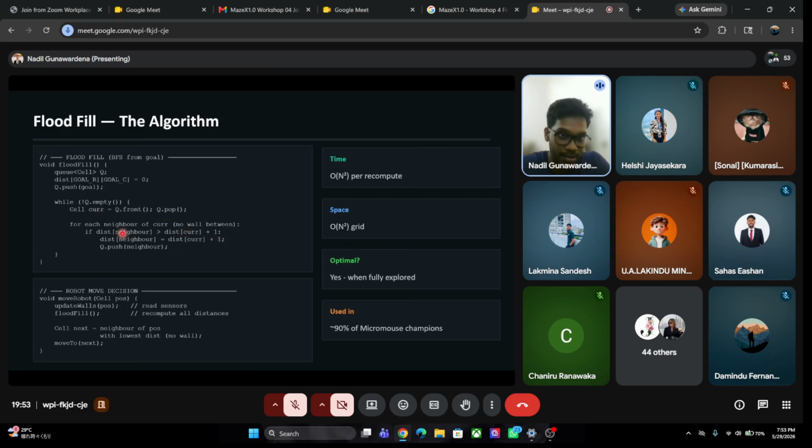You can see right here, and also the robot move decision, read sensors, recompute all. You can go through this code and develop your own code for solving a maze with the flood fill algorithm. And actually, the time complexity of this one is O(n²).